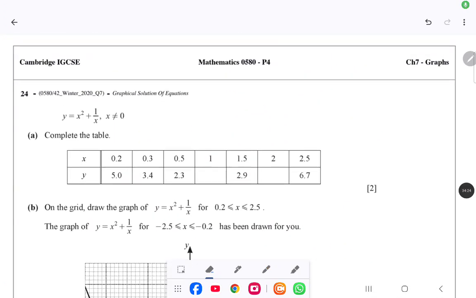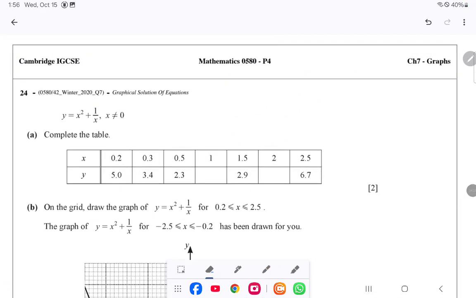On question 24, part 1, A says complete the table, and where x cannot equal 0, this condition, the values of x is given.